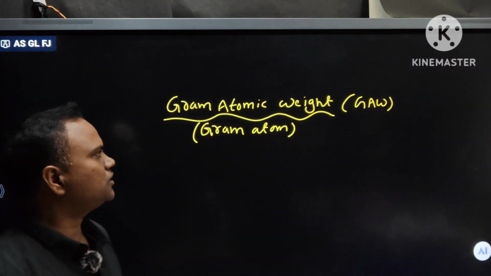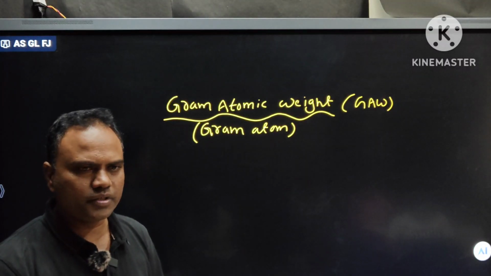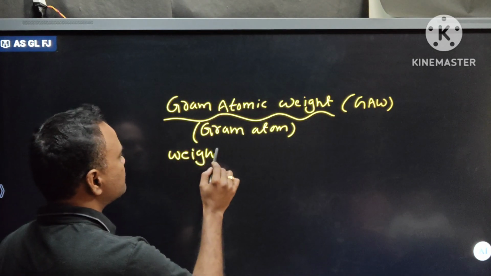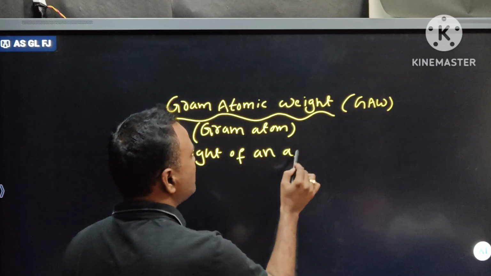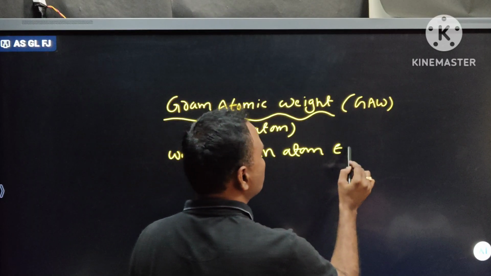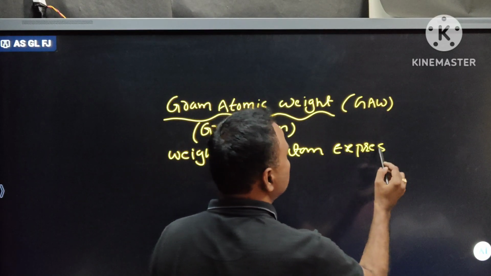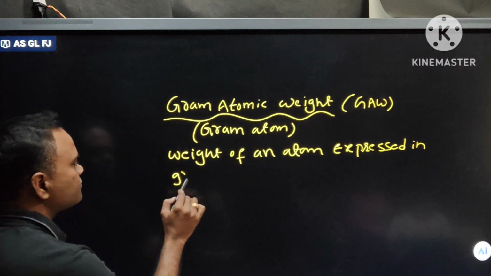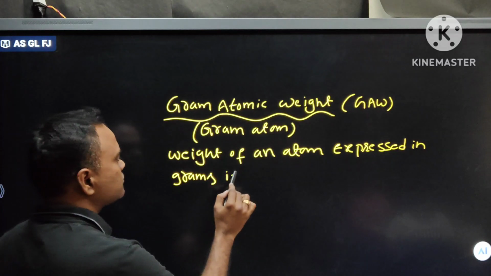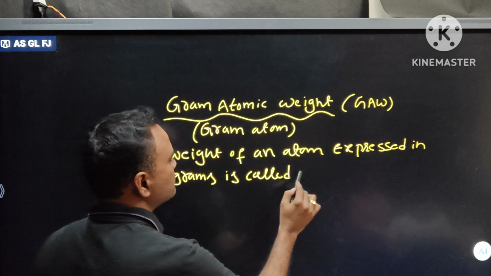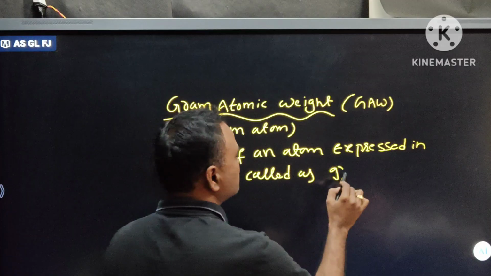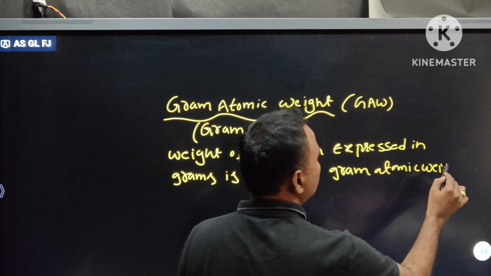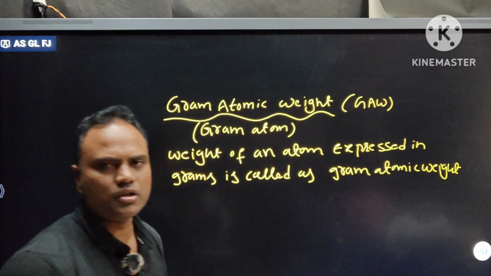Gram atomic weight, gram atom, both are the same only. Weight of an atom expressed in grams is called as gram atomic weight.